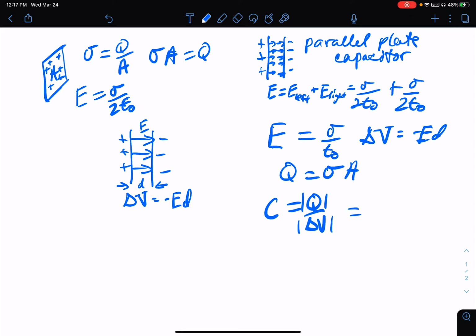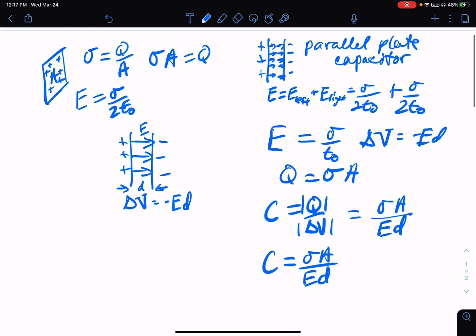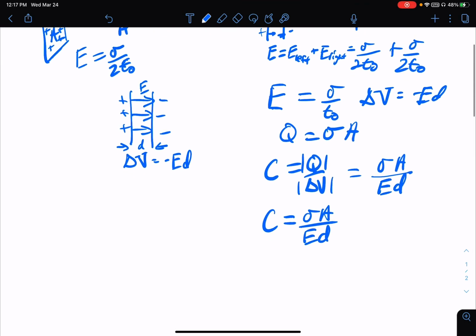So it's really the absolute value, like that. The total charge we know is sigma times A. And the absolute value of the potential difference is E times D. So now we have C equals sigma A on top and E times D on the bottom. And we have that the electric field in between the plates is sigma over epsilon naught.